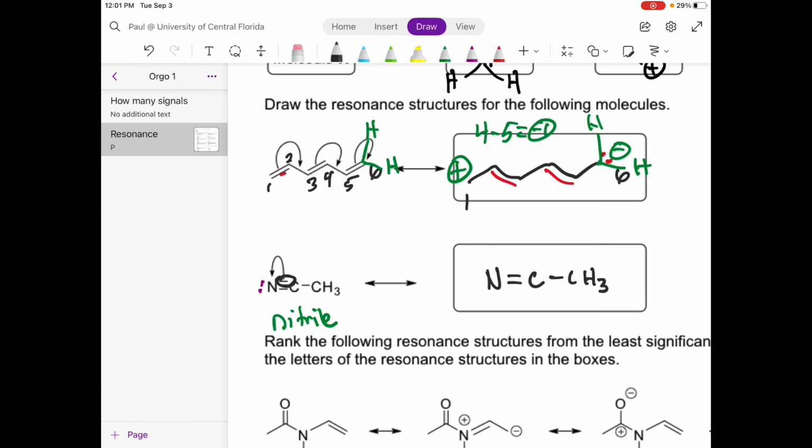I've taken some pi electrons and I've moved them to the nitrogen atom. So the purple lone pair was already there, and then I took 2 electrons from the pi bond and put them there. So that would make the formal charge of the nitrogen negative and the carbon positive.